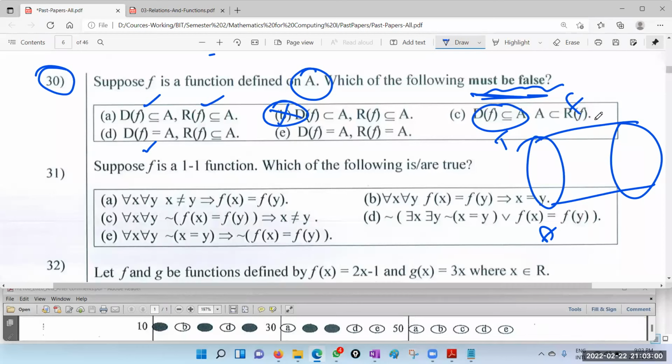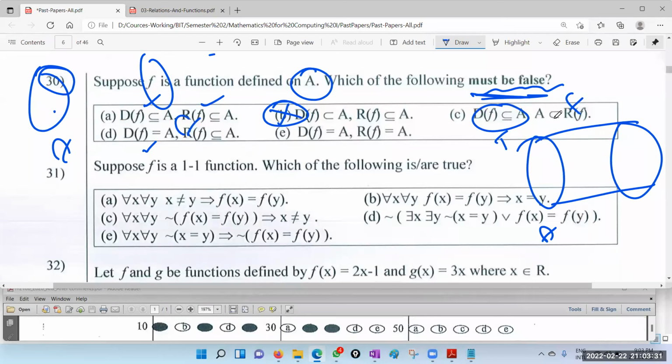That is, range of F must be a proper superset of A. That means the range must have more values than A. That is what they say. No, that can't happen, right? Because if it is defined on A, your domain must be in A, and range must also be in A. But this says your range is more than A. Range is more than A means some values are mapped outside, right?